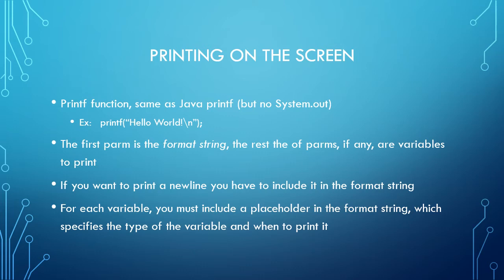Let's talk about how we print on the screen, printing on the display. We're going to use the printf function. This is the same as the Java printf, but there's no system.out that's part of the printf. It's just the printf function by itself, and anytime you use printf, it will automatically print on the display.